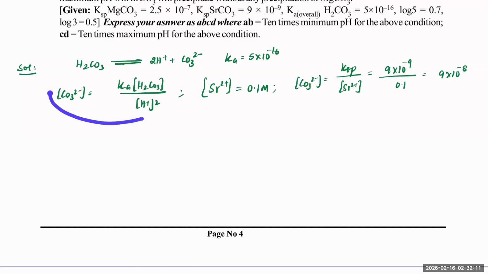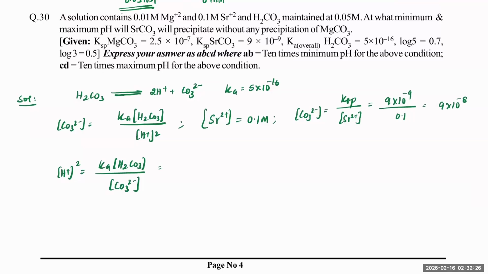So at this concentration, what will be the H plus concentration? That will be the minimum pH or maximum H plus. So Ka into H2CO3 divided by CO3 2 minus. Ka value overall given is 5 into 10 raised to power of minus 16. H2CO3 concentration is given as 0.05, maintained at 0.05.